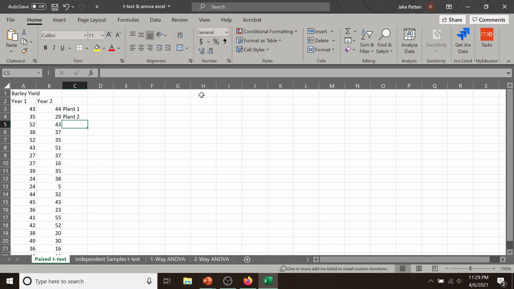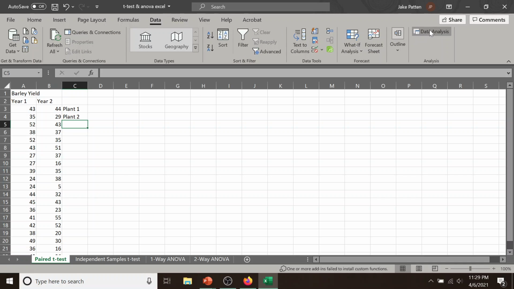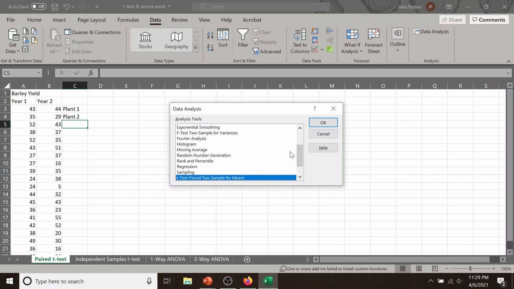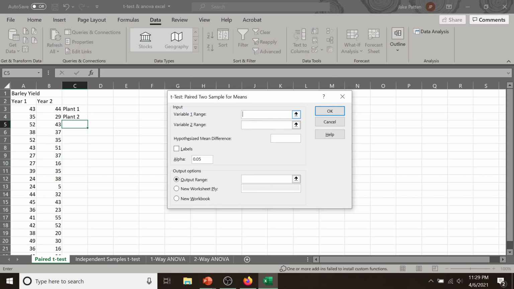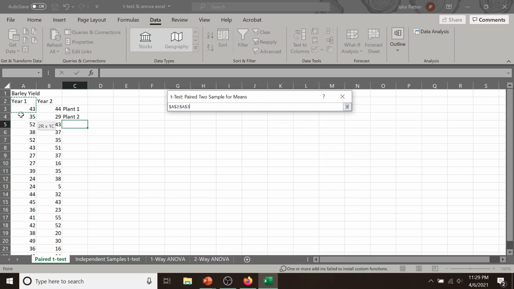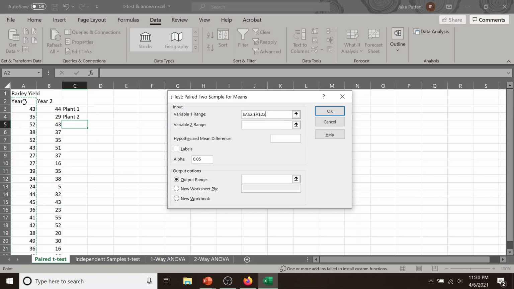All right. So what we're going to do is go to the Data tab, then Data Analysis, and we're doing a paired samples t-test, so go ahead and click OK. I've already got this set up, but yours is going to look like this. In the Variable 1 Range, you're just going to select all of your data for variable 1, including the Year 1 label.